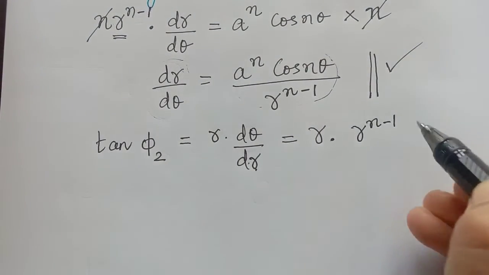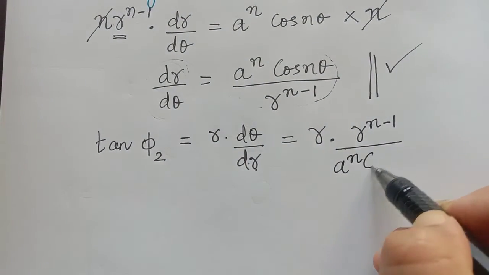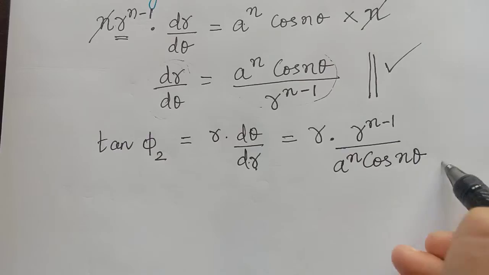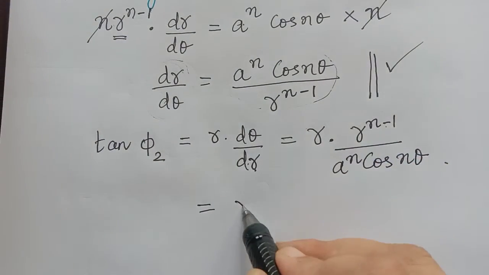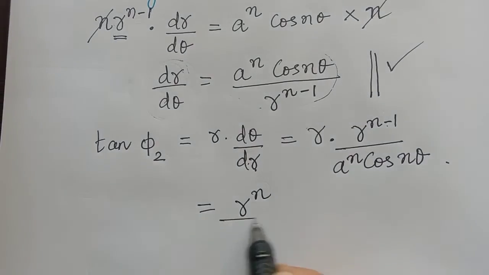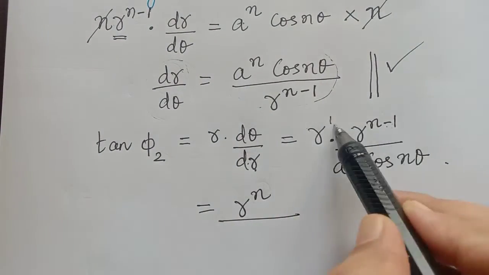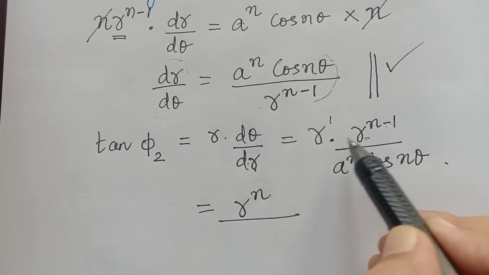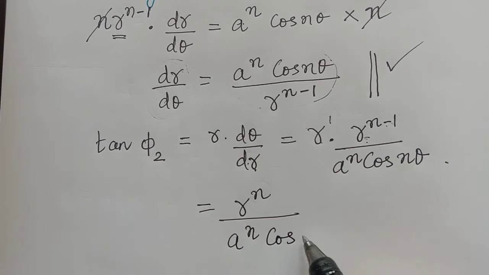So r to the power n minus 1 divided by a power n cos n theta. Now if you see, when you add the powers, it becomes r to the power n divided by a to the power n cos n theta, because plus 1 and minus 1 gets cancelled.